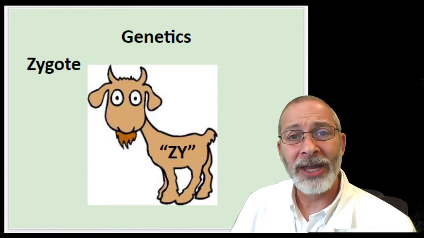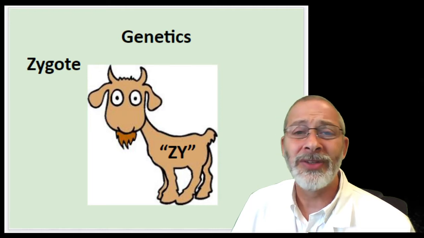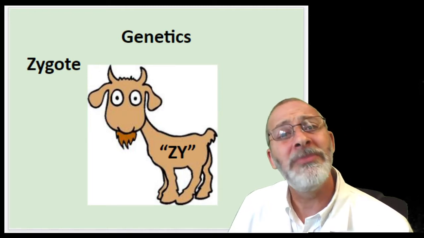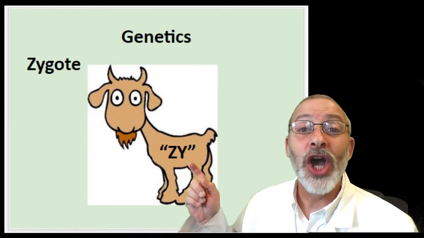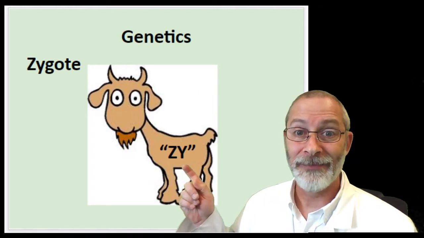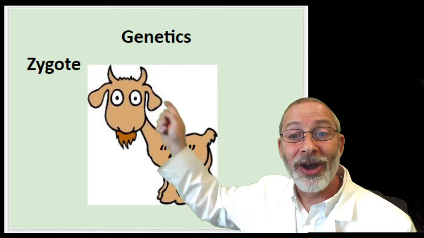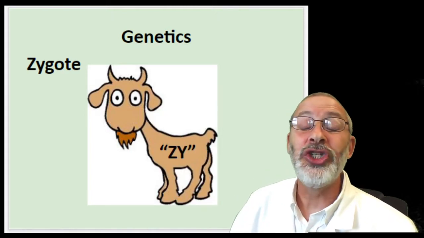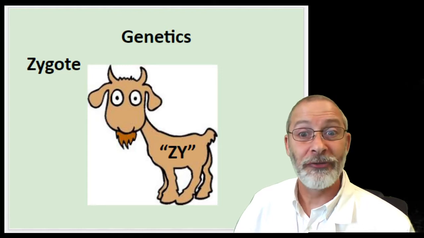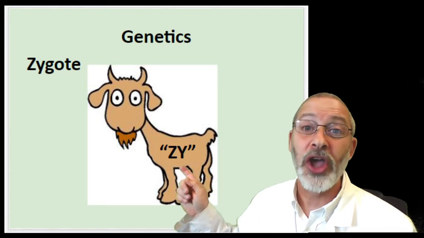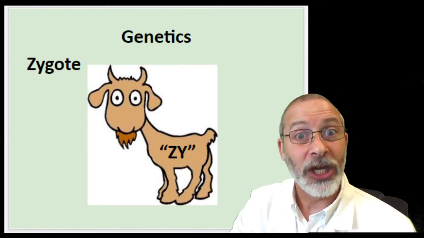Yes, some of you might have goats at home, and some of you might have even named them Zy, but this kind of a goat is Goat. The kind of goat we are talking about is Gote. So there's a difference between Zy the goat and zygote.